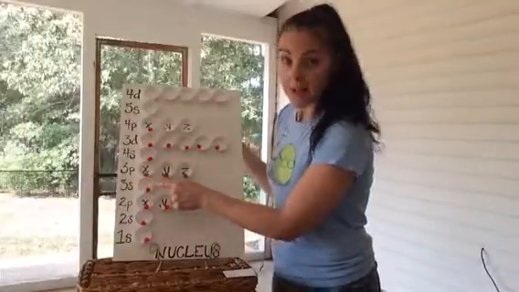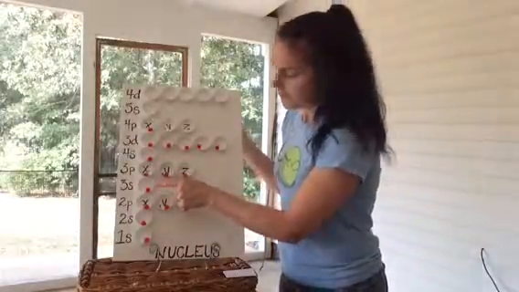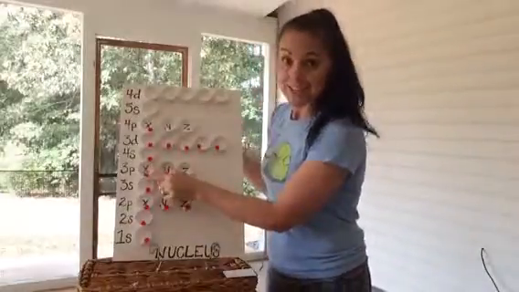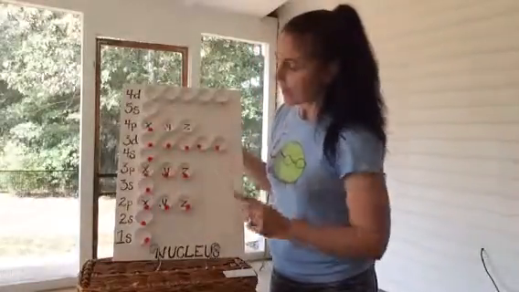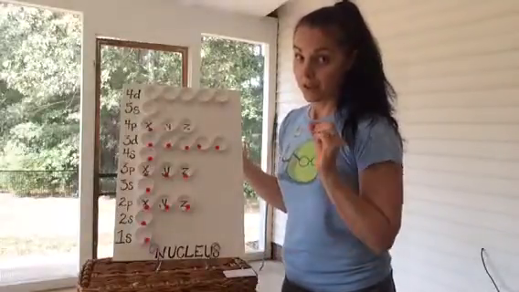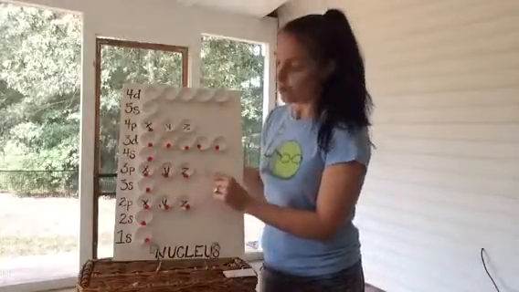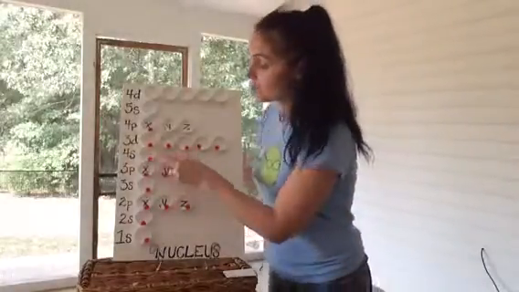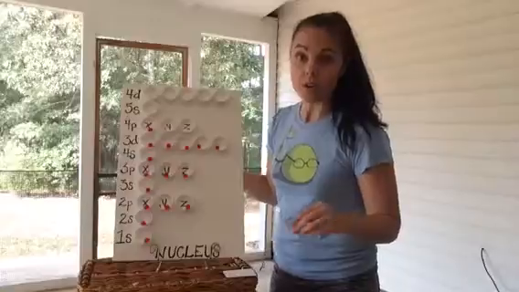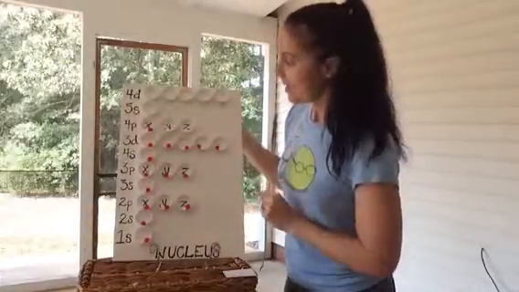We have 2 electrons in the third energy level, spherical orbit. We have 6 electrons in the third energy level, p orbit, x, y, and z orientation. We have 2 electrons in the fourth energy level with the spherical orbit.